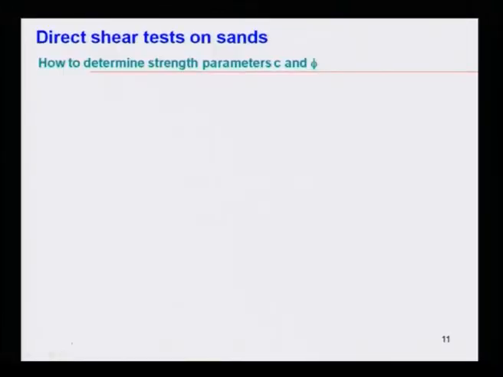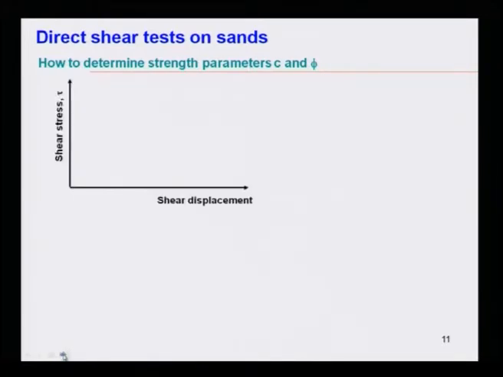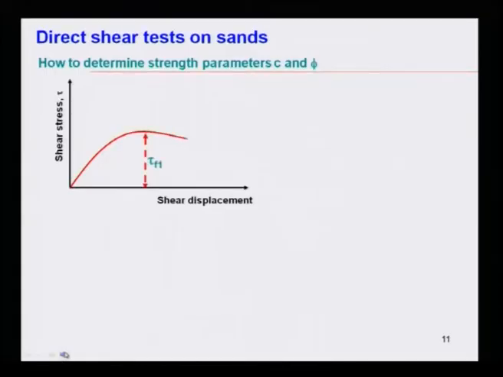Now, how to determine the strength parameters C and phi from a direct shear test on sand? First, you measure your shear displacement, then find the shear stress, find the vertical displacement, compression or extension, and based on the load find the normal stress. Then plot shear stress versus shear displacement for a particular normal stress.